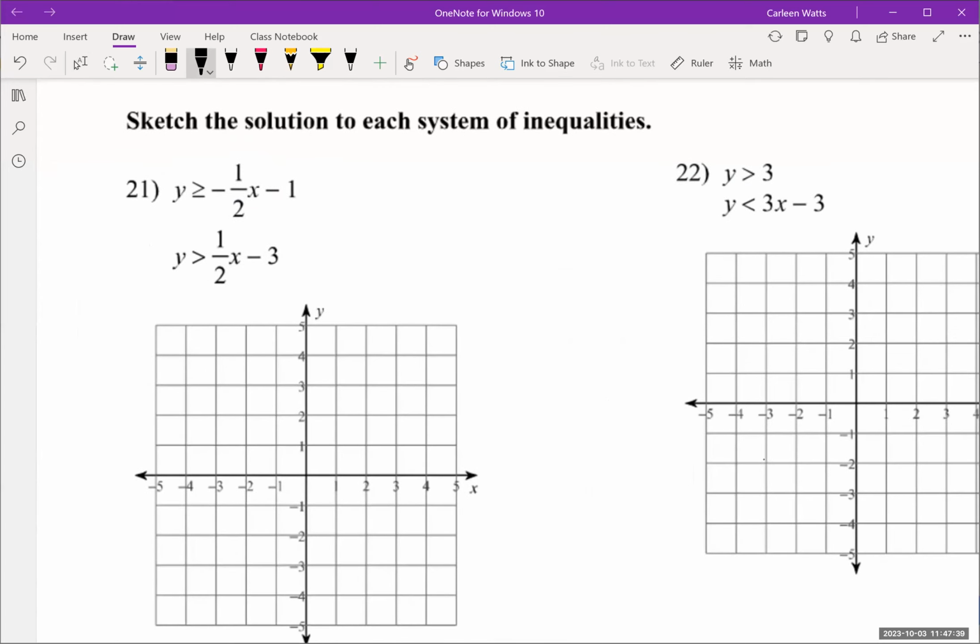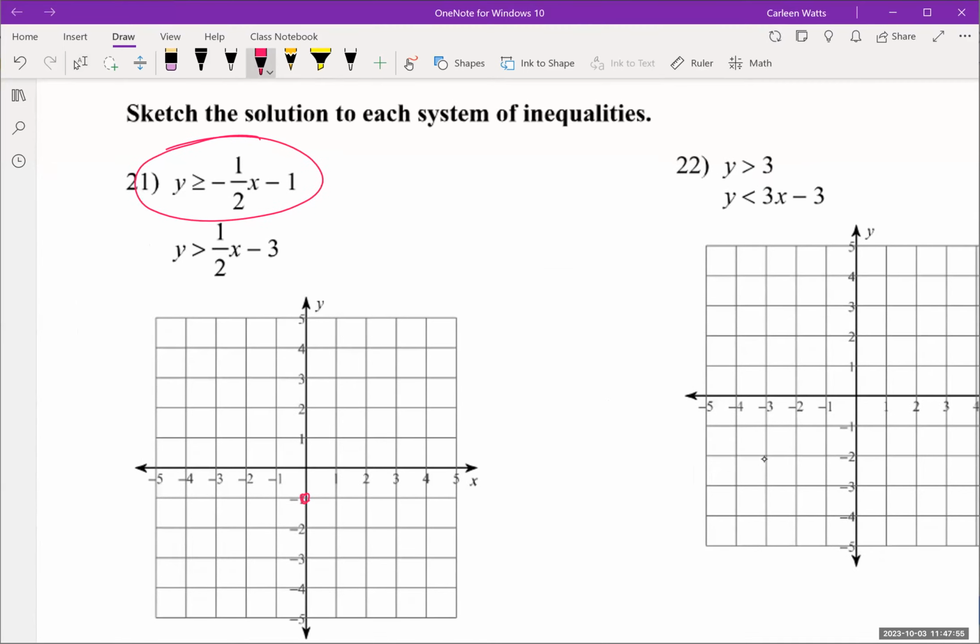What if I have two equations? Let's graph one in red. -1 is the y-intercept. -1/2. So we're going to go down 1/2 or up 1 back 2.